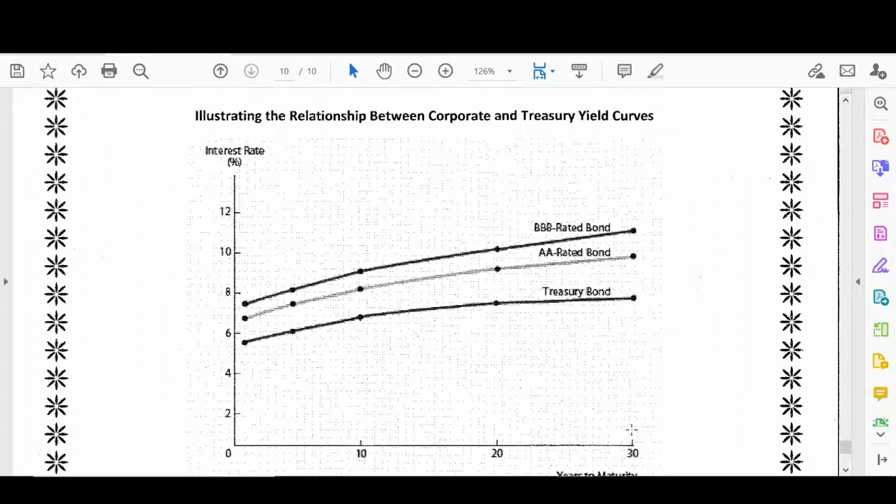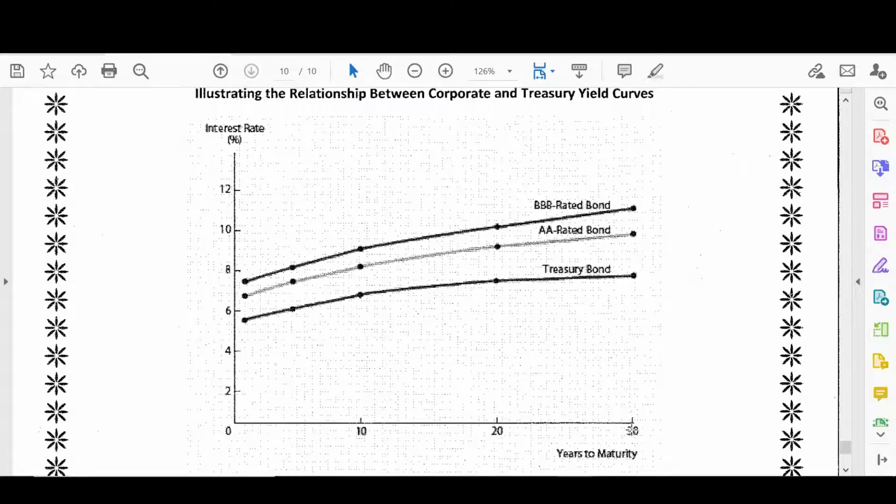Okay, same thing here on the next graph, illustrating the relation between corporate and treasury yield curves. First of all, these bonds have an upward sloping yield curve. When T is going up, the interest rate is going up. But in general, for bonds with the same T, the treasury bond has the lowest interest rate because of the lowest risk, and it does not have DRP or LP.